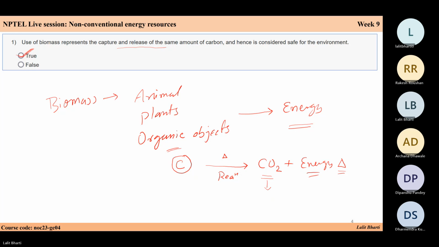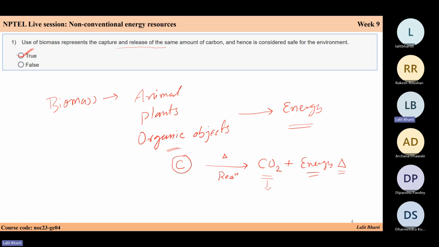Let's say any remaining part of plants which is not usable for us, or any organic objects, the thrown away garbage, the organic parts of the garbage from households, or any remnant from animals.